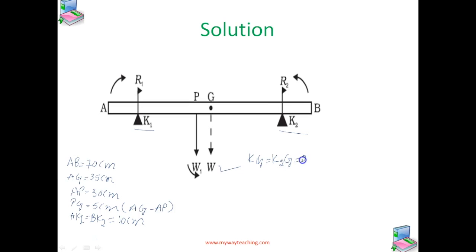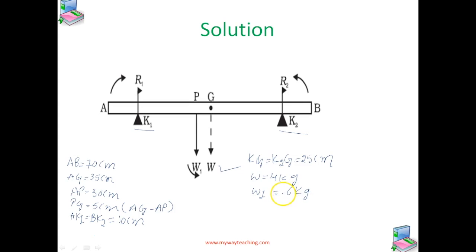That is given by 25 centimeter. Okay, here it is AK1, BK2, it is 10 centimeter, and K1G, K2G is 25 centimeter, and the weight of the rod is 4 kg and the suspended load is given by 6 kg.